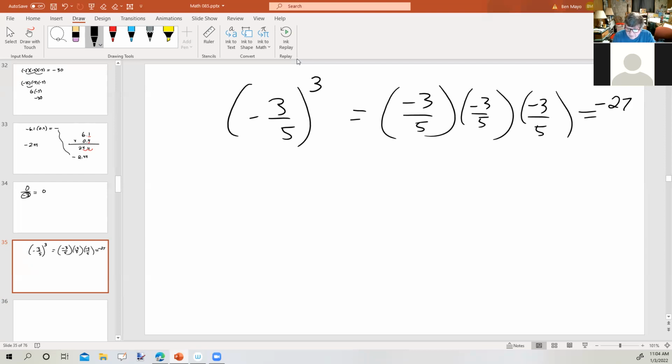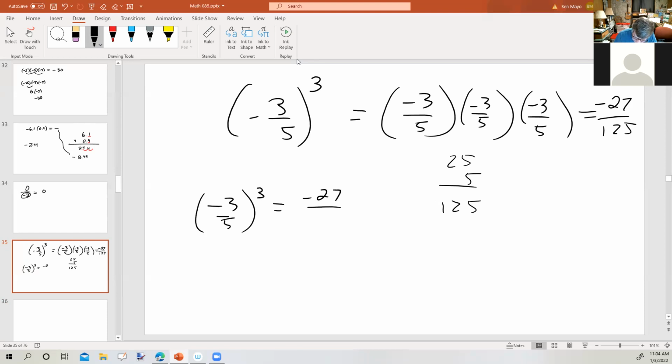Negative times negative times negative. An odd number of negative factors gives you a negative answer. 3 times 3 is 9, times 3 is 27. And then in the denominator, 5 times 5 is 25, times 5 is 125. So -3/5, the quantity cubed, is -27 over 125.